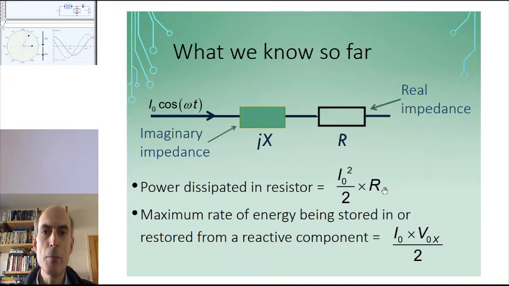We also know that the maximum rate at which energy is being stored or released from the reactive elements in the components is the current flowing through the component times the voltage across the reactive element of the component. V0X here is the voltage across the imaginary part here, again divided by 2. I need to think about this second term here in a bit more detail.